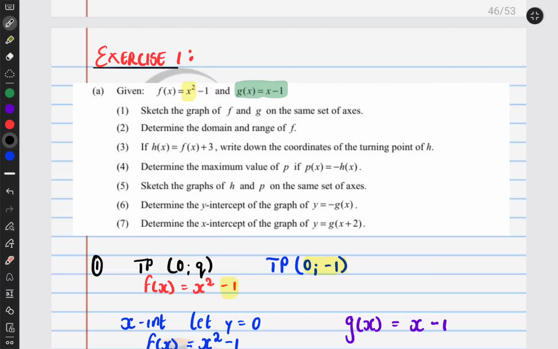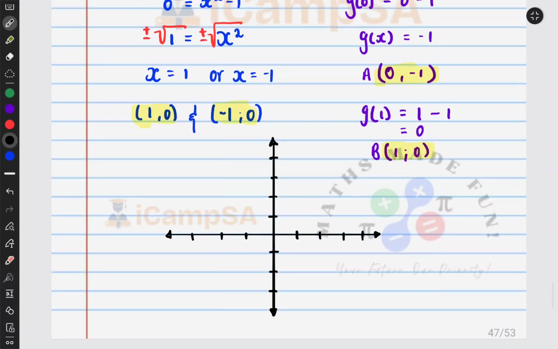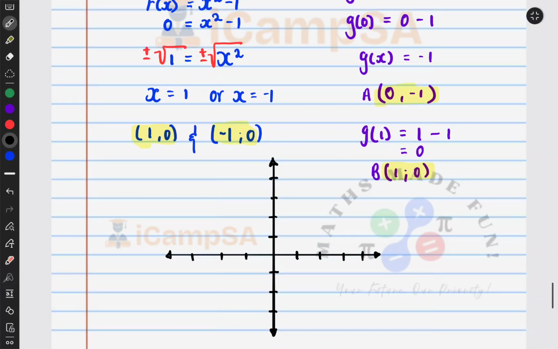So if a is positive, that means our function is facing up. If a is negative, it means our function is facing down. Just wanted you to also remind yourself of that. Okay, so this would be 1, 2, 3, 4, 5 and negative 1, negative 2, negative 3 on each axis.